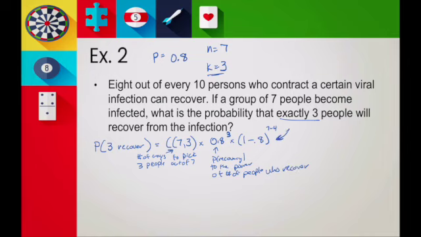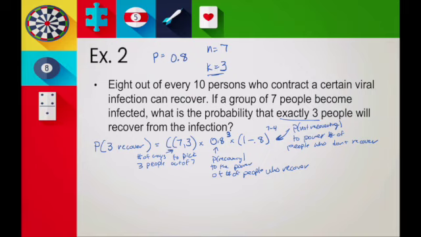And then this here is the probability of not recovering to the power of the number of people who don't recover. And that'll get us exactly 3 people who recover and 4 who don't.